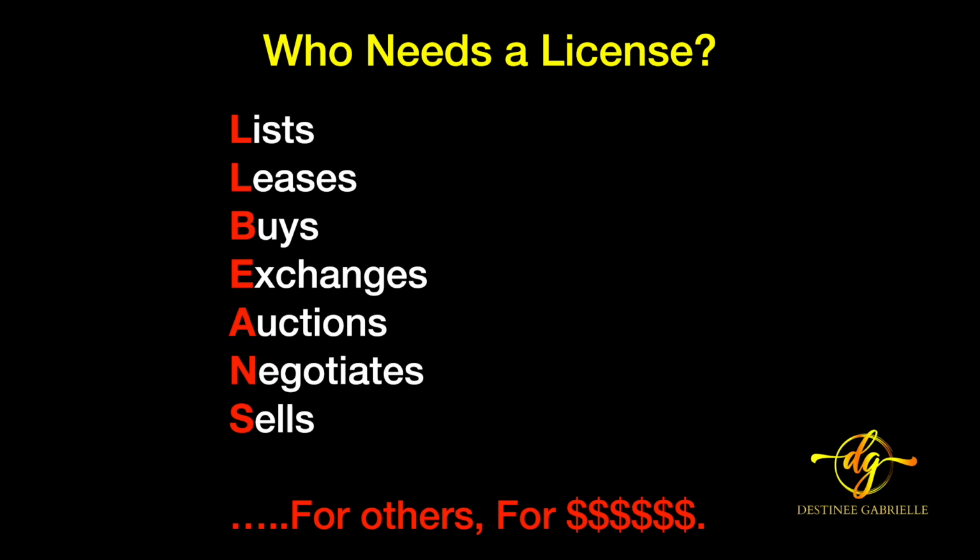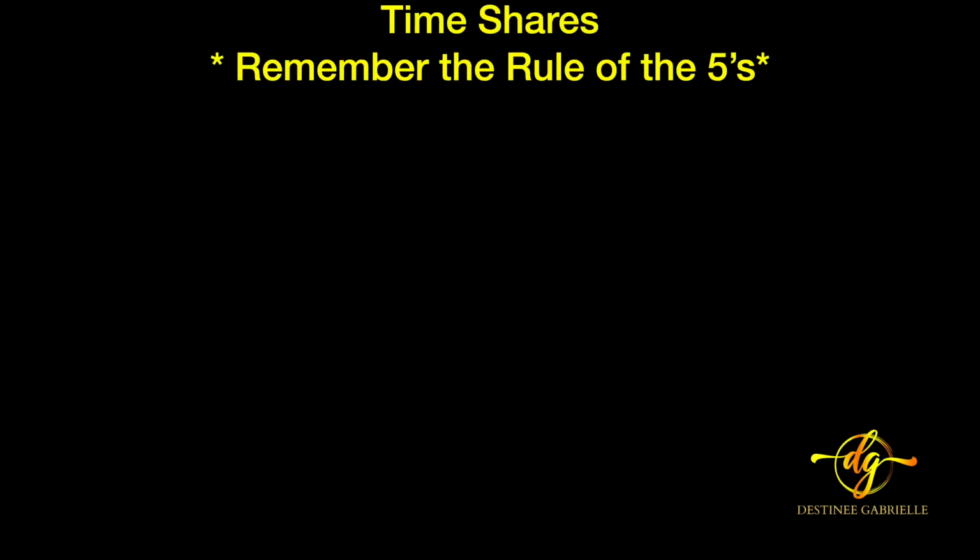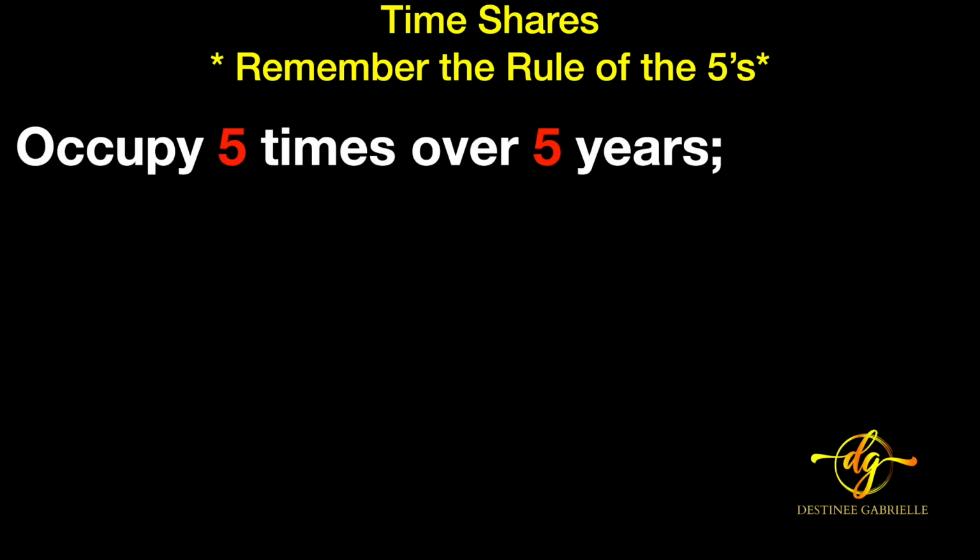Okay, so that slight caveat that I talked about with the North Carolina Real Estate Commission fining licensees, this is where that caveat comes into play right here. We're going to talk about timeshares. And you have to remember the rule of the 5s, which I'm going to tell you right now. So the rule of timeshares is it has to be occupied 5 times over 5 years. 5 times over 5 years is not the same thing as 10 times over 10 years.